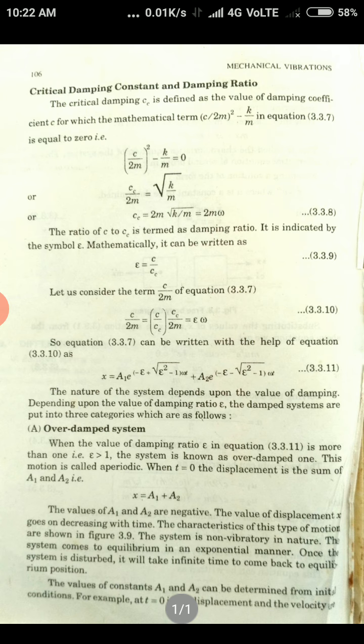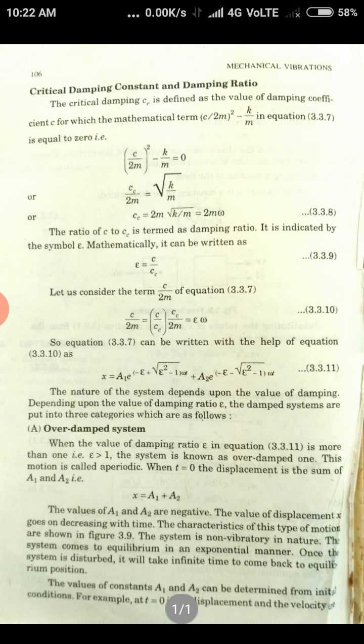In order to simplify, let us consider the term C/2m of equation 3.3.7. You can rewrite this as C/2m equals C/Cc times Cc/2m.